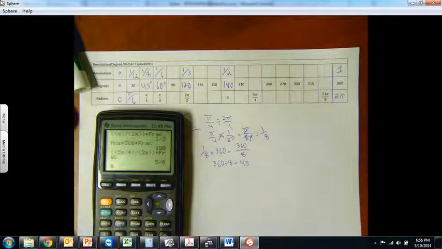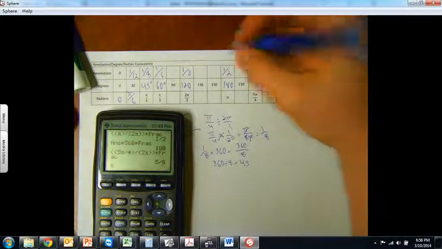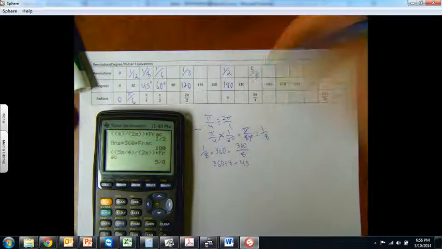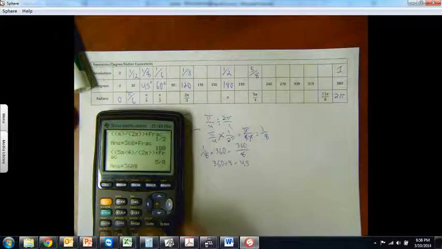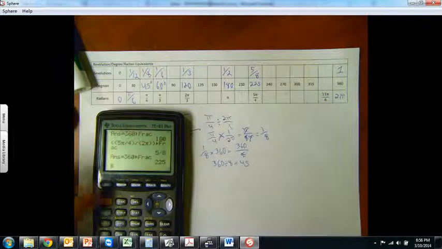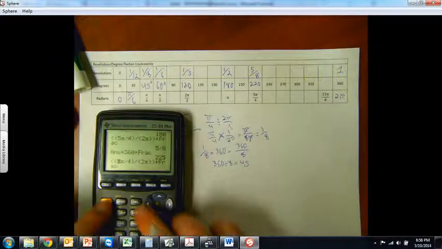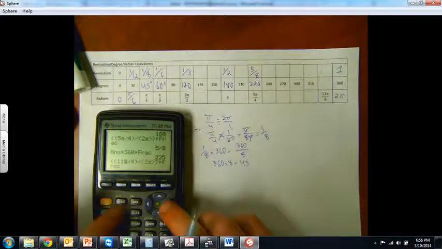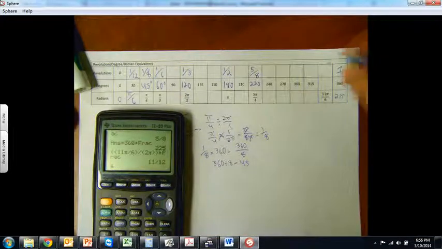I get 5/8 rotation times 360 to a fraction, 225. Last one's 11 pi over 6. So insert 11, change that to a 6. I get 11/12 rotation times 360. I get 330 degrees.